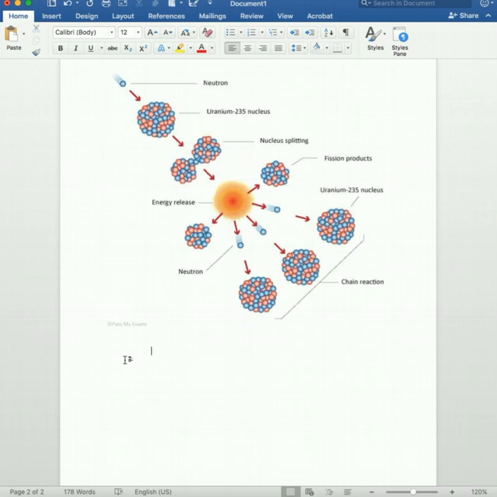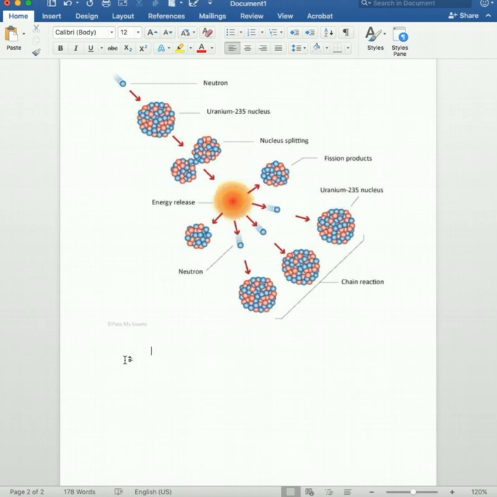It releases a lot more energy per kilogram of fuel. So it sounds great, but unfortunately it doesn't work terribly well. And so whilst it's a great idea, we've been spending the last 40 years or so trying to make it work. We're getting better, but we're not there yet.